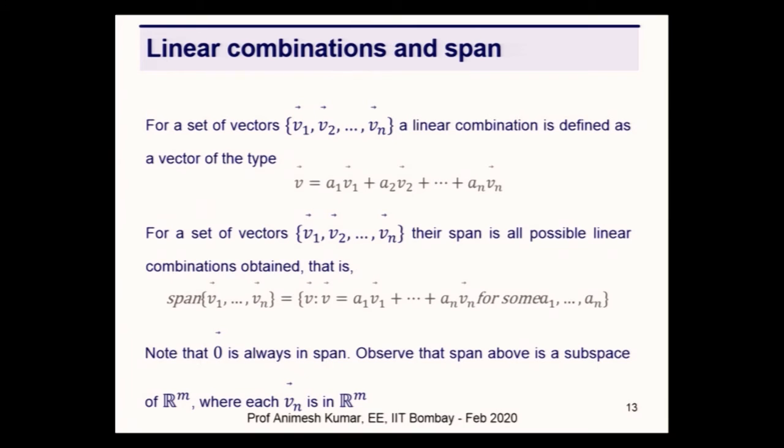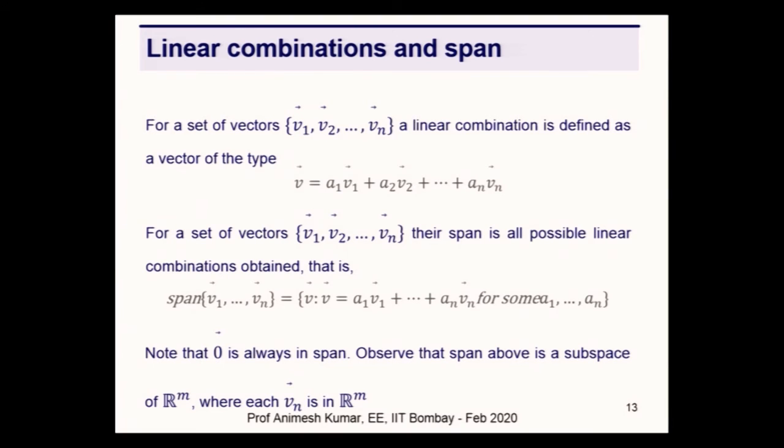If a set of vectors v1 to vn is given, where n is some arbitrary number, then a linear combination is defined as a vector of this type. You take the first vector, multiply it with a scalar, take the second vector, multiply it with some other scalar, so there are n different scalars and n different vectors involved, and you sum it all up.